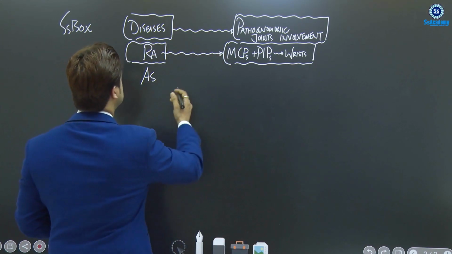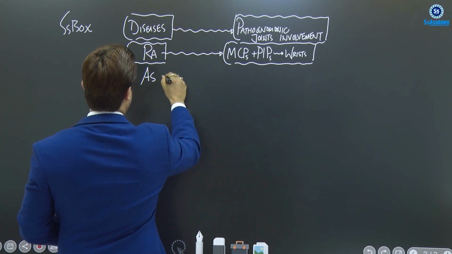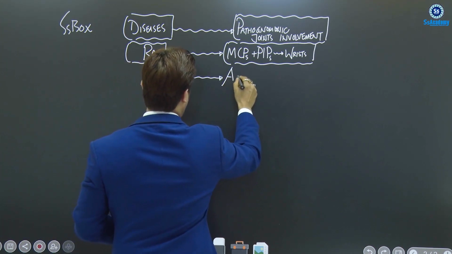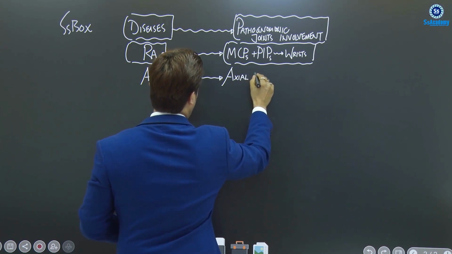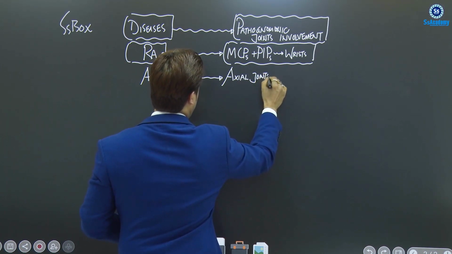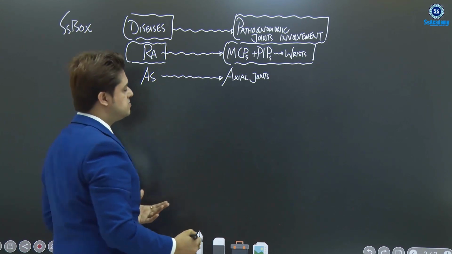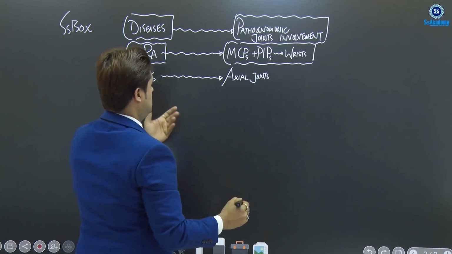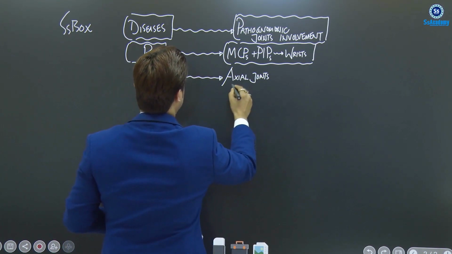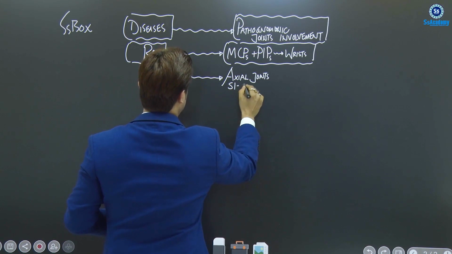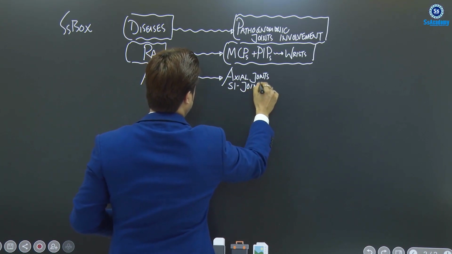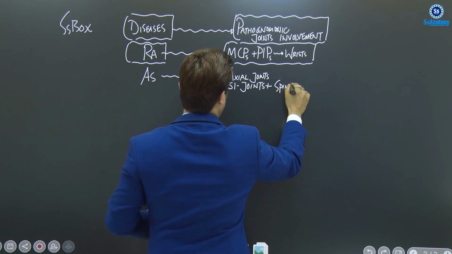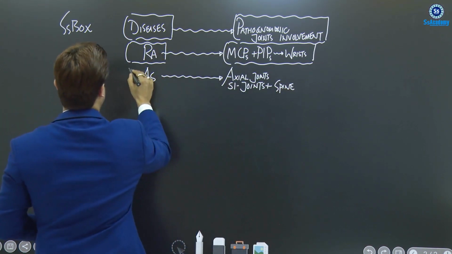In ankylosing spondylitis, the pathognomonic joint involvement is the axial joints, so definitely the spine joints, but the most important are the SI joints, the sacroiliac joints, plus the spine.